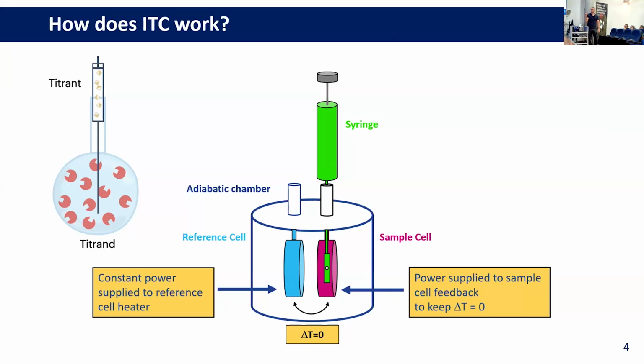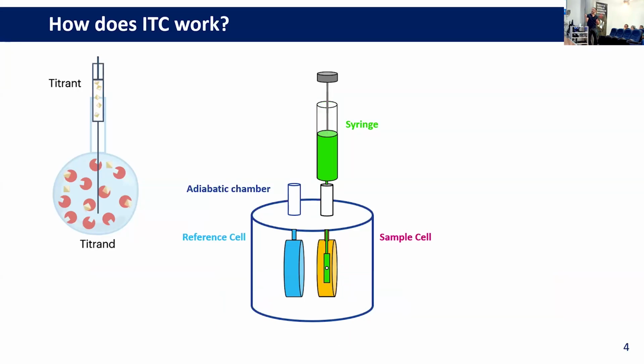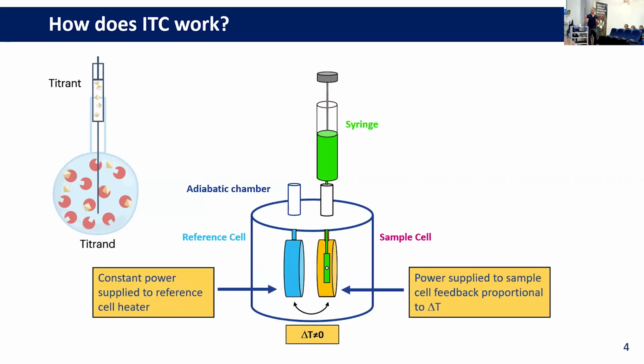As we inject the titrant into the sample cell, these interactions are going to release or absorb some heat, depending on whether it's an exothermic or endothermic reaction. And therefore the temperature in the sample cell and the reference cell is going to be different. And the equipment is going to try to bring these temperatures again to the same temperature.